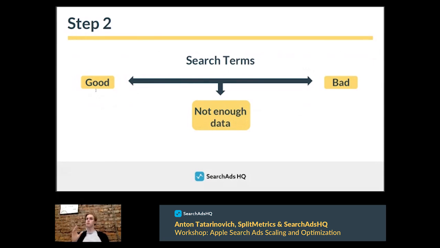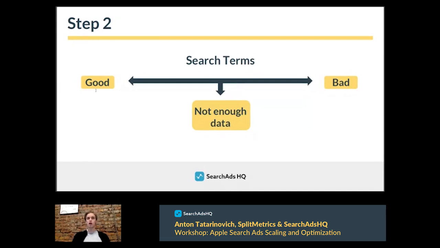And what makes them good? They meet your CPA, or at least are close to 3x of your CPA, and they are getting downloads. It depends on how much you can spend on testing your keywords, but in general, they either meet CPA or are close to, I don't know, 2x, 3x your CPA.